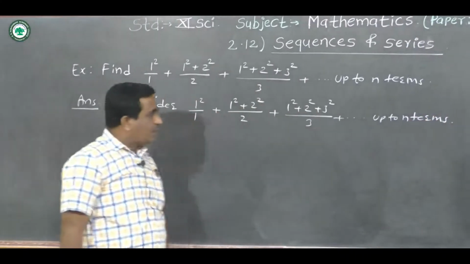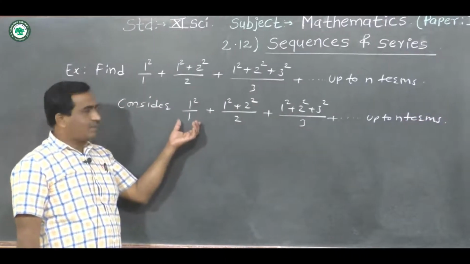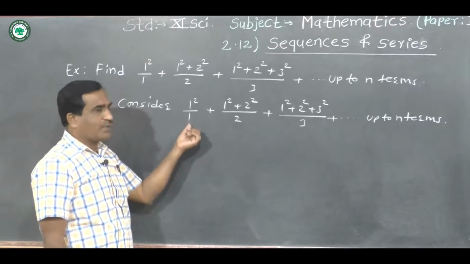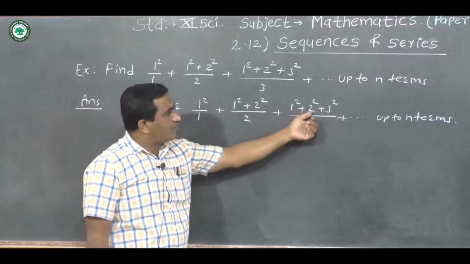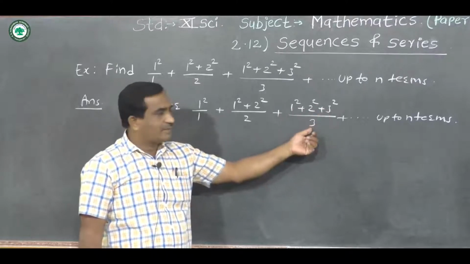Okay. Now here these are the terms of the sum. First term 1 square upon 1, then 1 square plus 2 square upon 2, then 1 square plus 2 square plus 3 square upon 3, and so on.